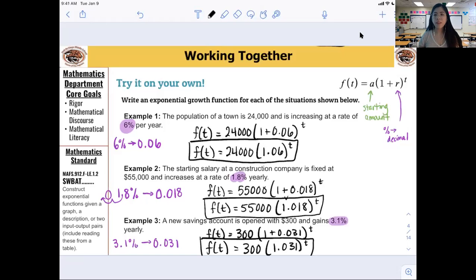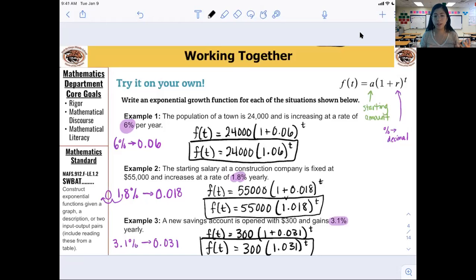Okay. What's something that all 3 of these have in common? What was inside of the parentheses? Each of those numbers always starts with a 1. And that's going to be when you're looking at a problem and you're thinking, okay, is this growth or is it decay? What do you guys think is happening here?